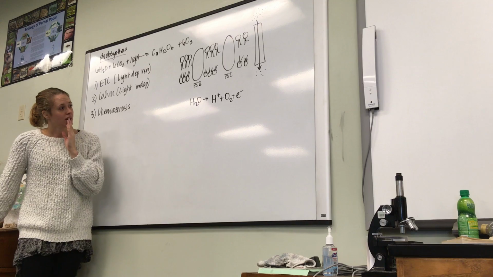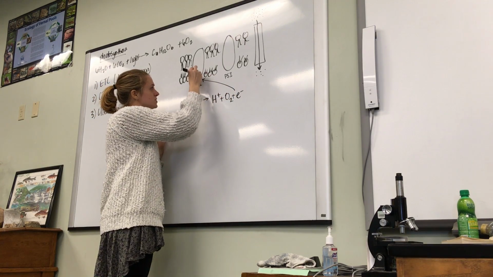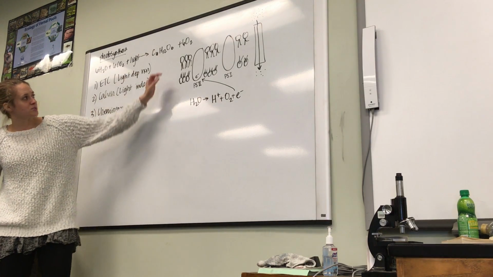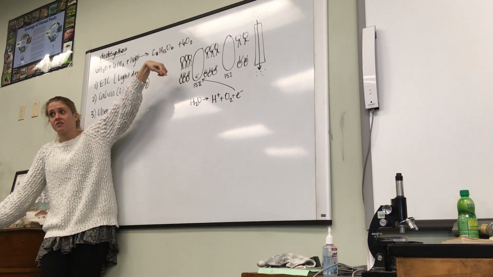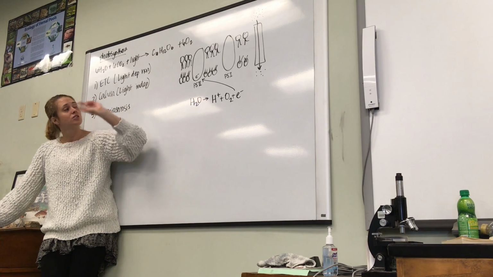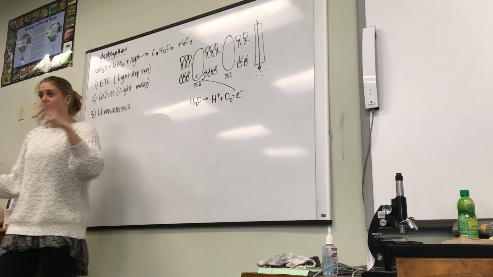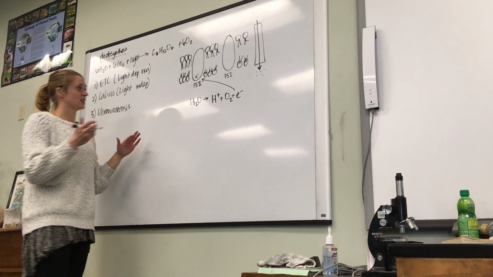All right, so the electrons are going to go right into these photosystems, and the photosystems are going to capture light. Remember, they have pigments such as chlorophyll A and B and carotenoids that can absorb the light and use that light energy to power these electrons.